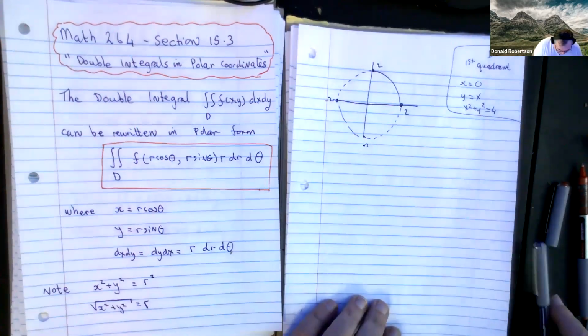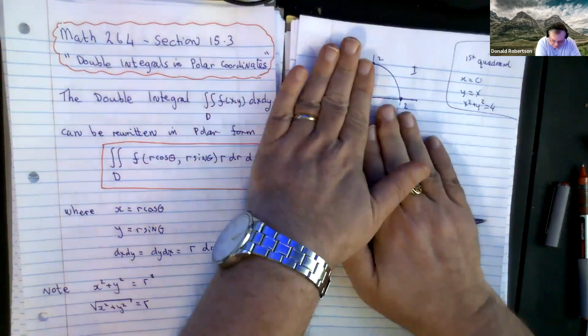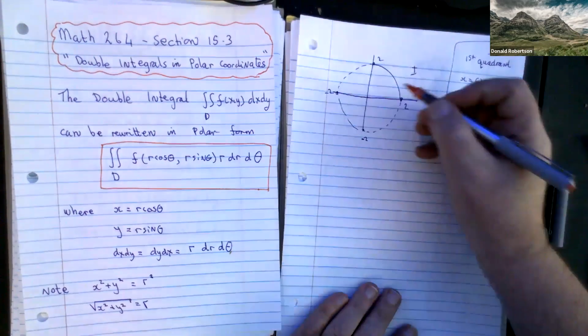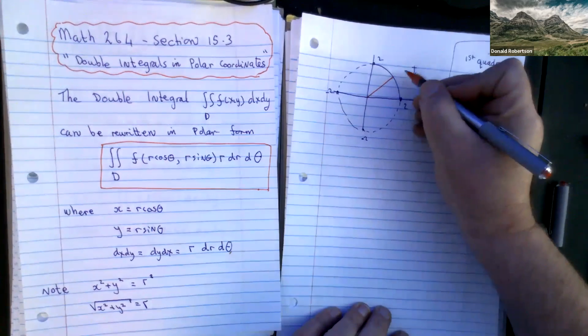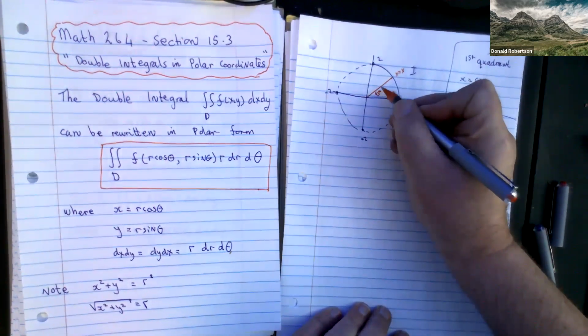So that basically means the circle's radius is 2. If you tell me a circle is in the first quadrant, that means it's here, right? Now, if I draw in the line y equals x, it looks like that. And the line y equals x makes an angle of 45 degrees that way.